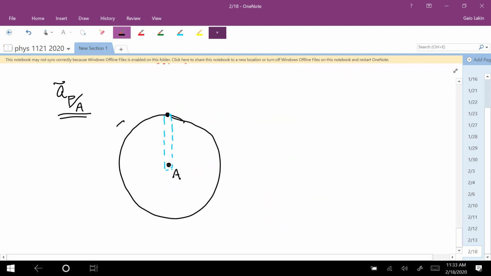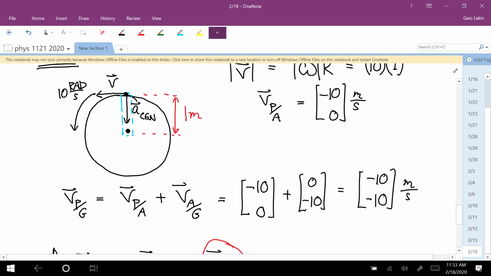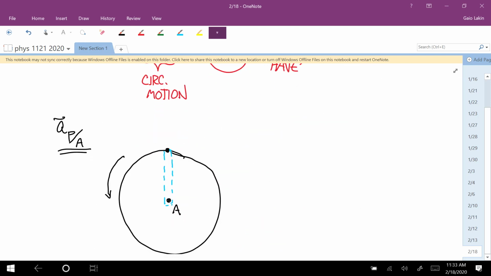It's rotating this way at 10 radians per second with no angular acceleration. So the velocity is that way. We already know that. The centripetal acceleration is this way. We already figured that out too.